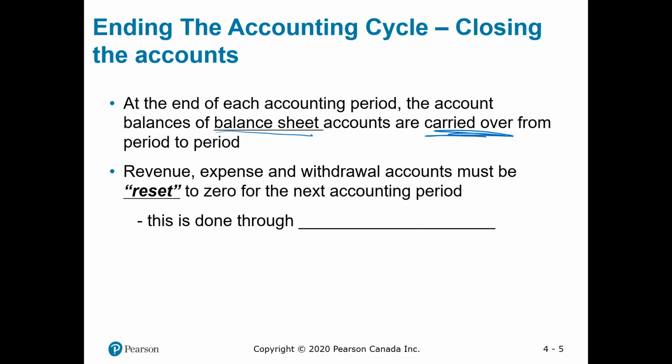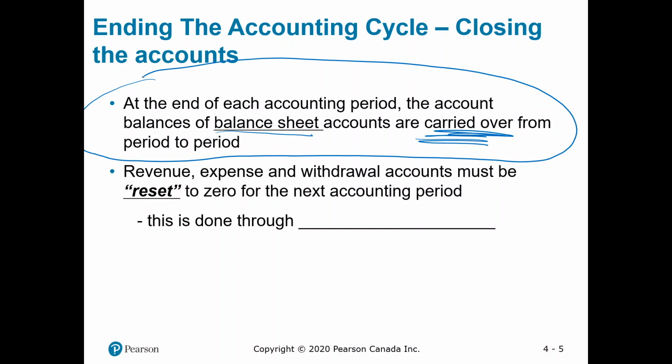So if you've got $15,000 in your accounts payable, that's what you owe to suppliers and other vendors. When the year ends, they don't just say, oh, well, your year ends, you don't need to pay us that money anymore. No, of course, you need to carry that over as well. So whatever you owe someone at the end of the year, you still owe them in the following year. So for that reason, any accounts on the balance sheet, they get carried over.